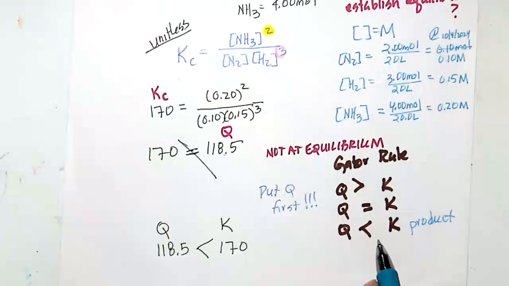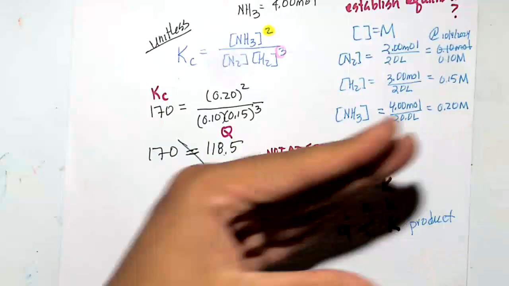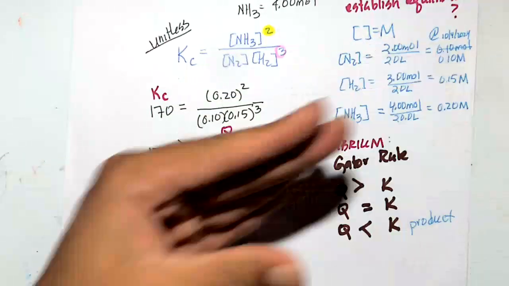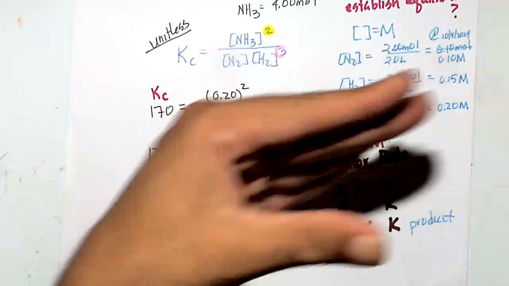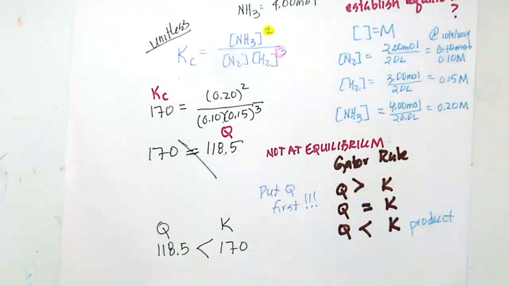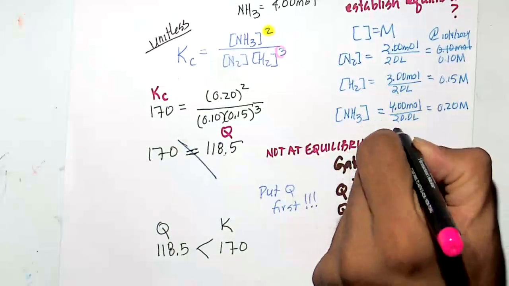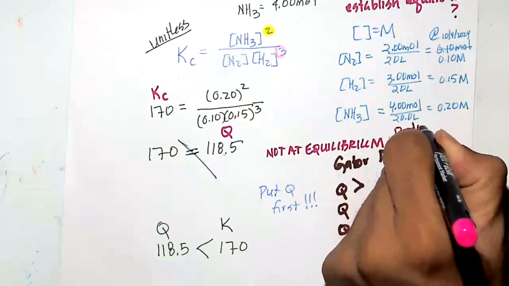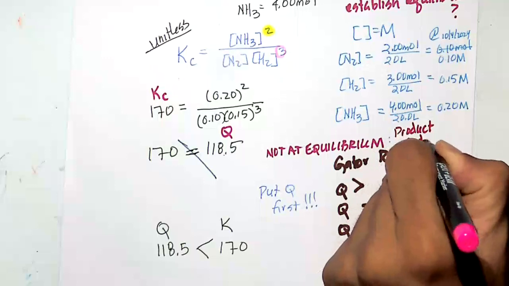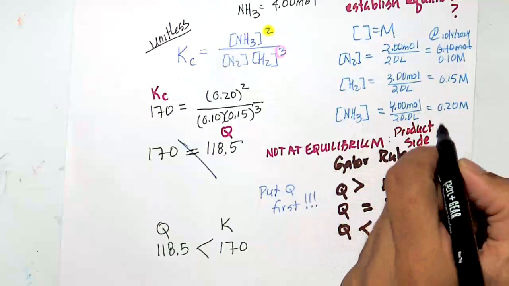Which way will it shift to get to equilibrium? The side to the right, which is the product side. This is where the gator jaws are going, and that will establish equilibrium.